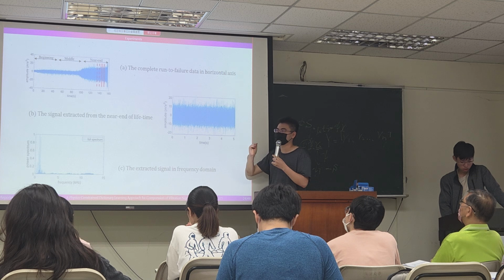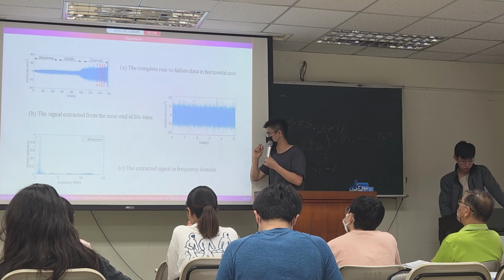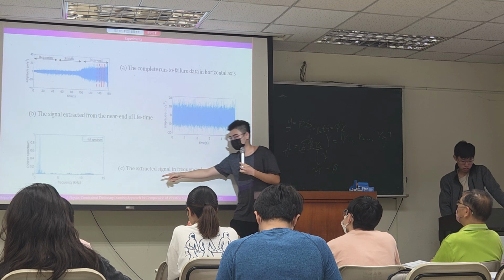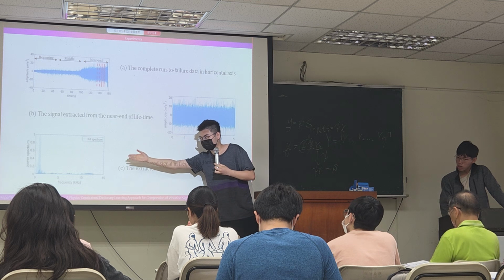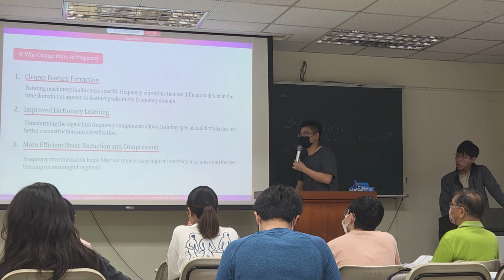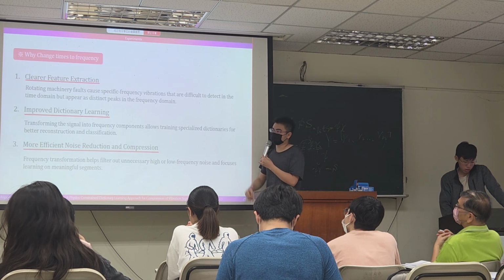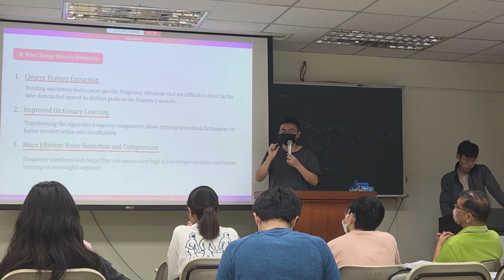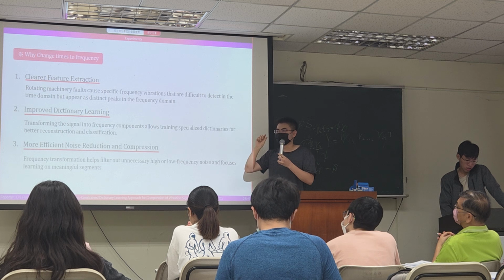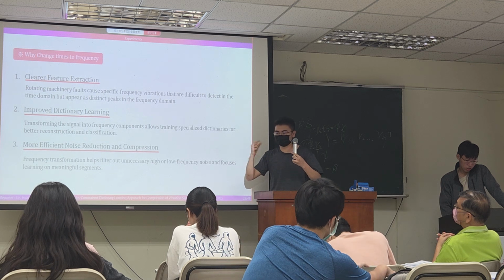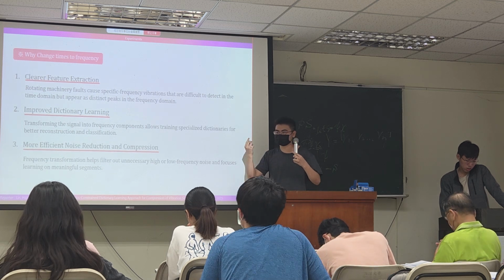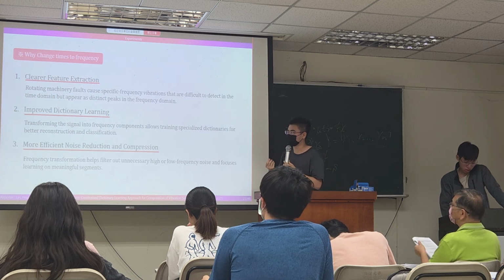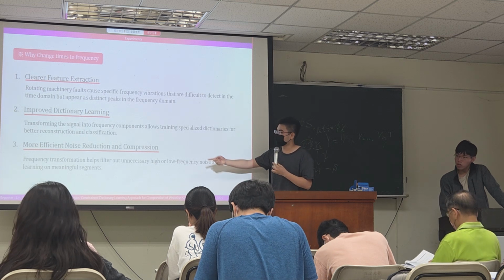And we use Fourier transform to become the frequency domain like this. Why do we use Fourier transform? Because with the Fourier transform the bandwidth becomes narrow, so it's effective.